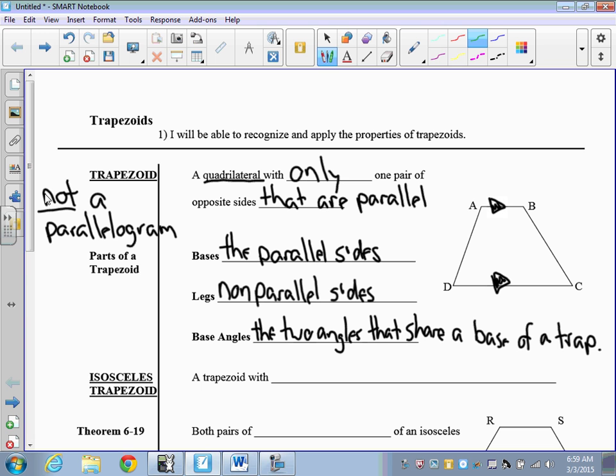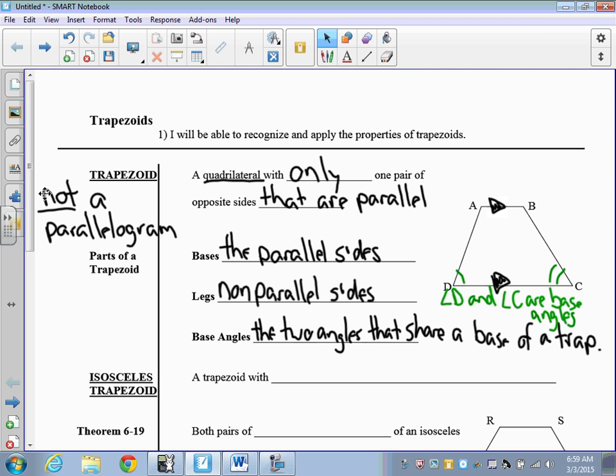So angle D and angle C are base angles because they share that base segment DC. That's a parallel side.